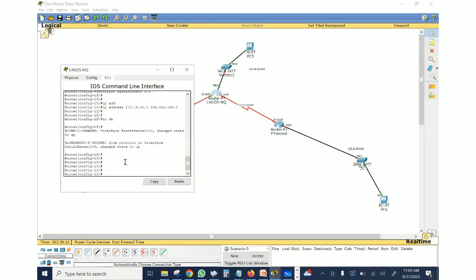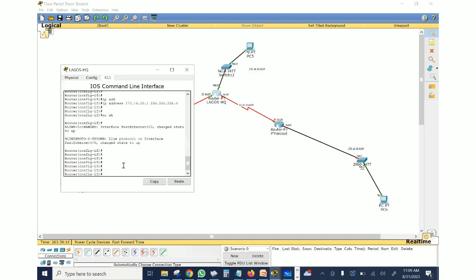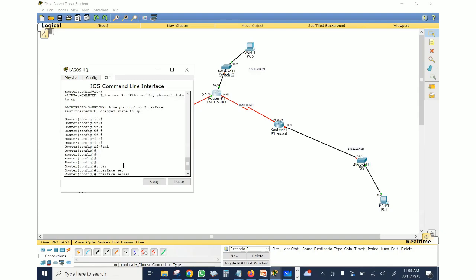The interface that leads to Port Harcourt, that's interface Serial 3/0, right? That one is 10.10.10.1, right? We are giving it .1.